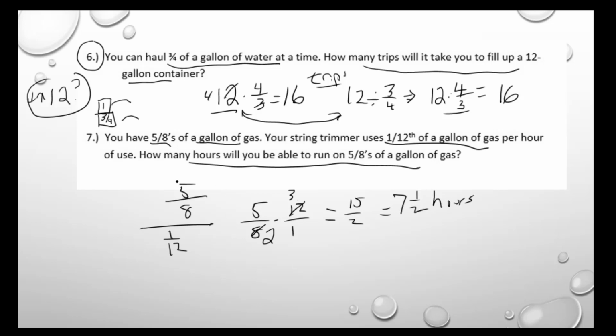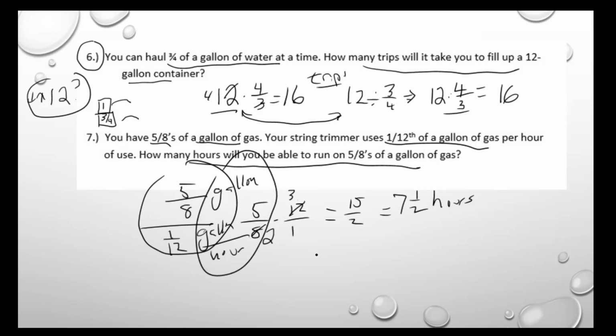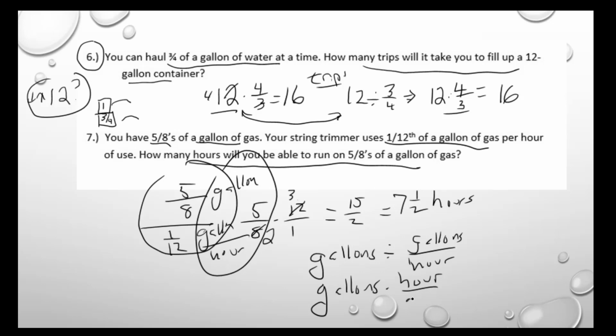Now let's take a quick look at the units here. You have gallons, and you have gallons per hour. Let's look at what happens. Gallons divided by gallons per hour is the same thing as gallons times hours over gallons, right?